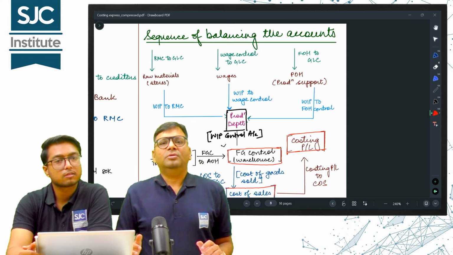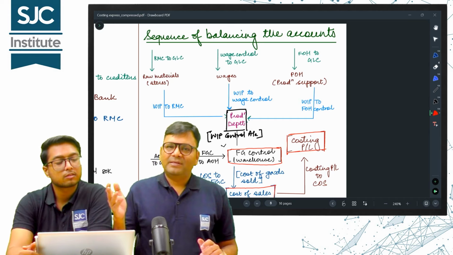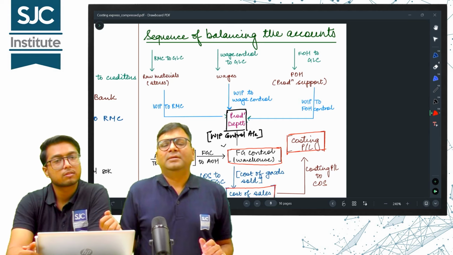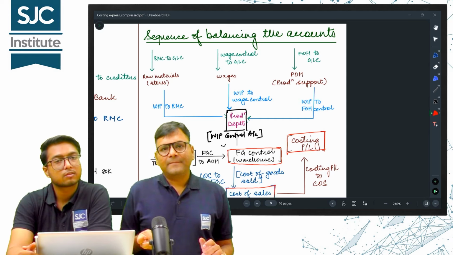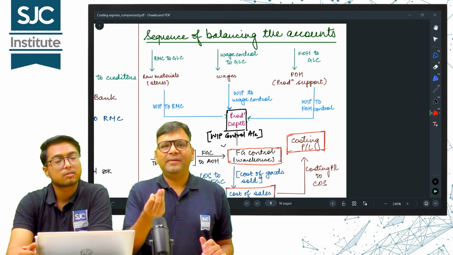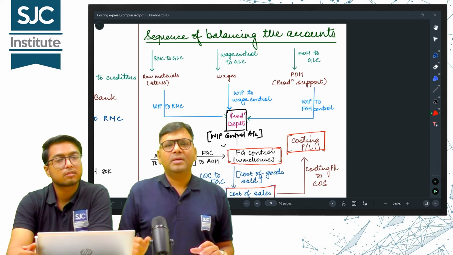In raw material control, the entries you normally have are opening balance on the debit side, purchases on the debit side, that is to GLC, and closing balance on the credit side, and the remainder should be issued to production, which will be by WIP, coming as a debit to the WIP control account.